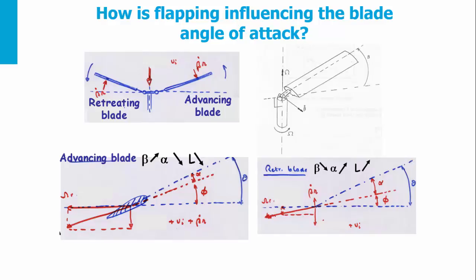On the advancing blade, if you look at the angles acting on the blade, beta is increasing, the flapping is increasing, the angle of attack is decreasing, so the lift is decreasing. On the retreating side, the flapping is decreasing, the angle of attack is increasing, so the lift is increasing. In this way, we can counteract the inequality of velocity distribution.